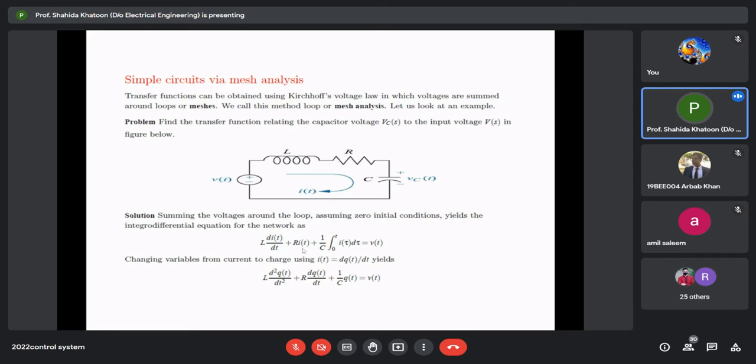Rate of flow of charge is the current. So dq/dt is i(t). Wherever you have i, replace it by dq/dt, and you can write down this voltage in terms of charge. Okay, so you can note down this problem.